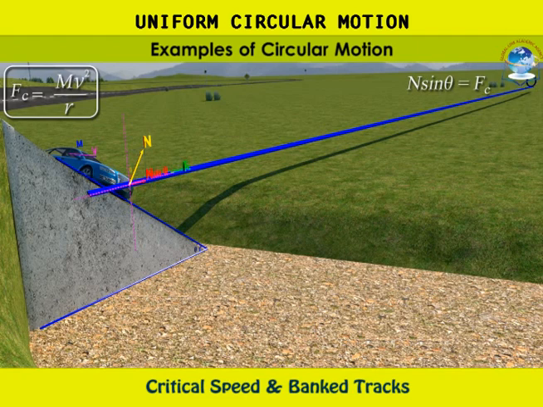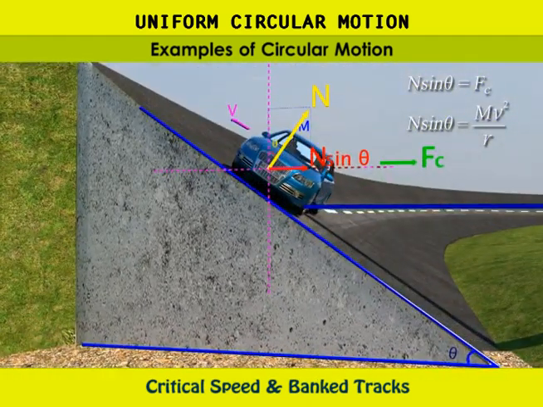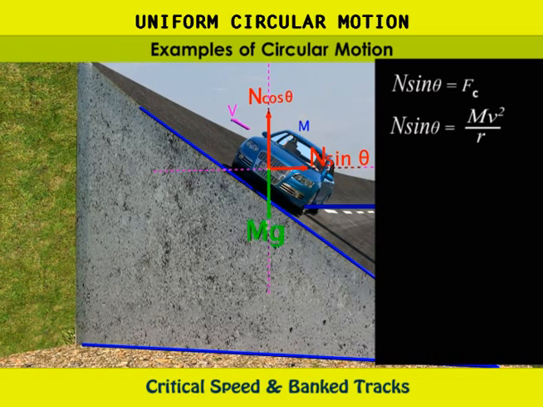Friction is not taken into consideration here, and therefore, N sine theta is equal to mv squared over r. The vertical component of the force balances the weight of the vehicle. So N cos theta is equal to mg.